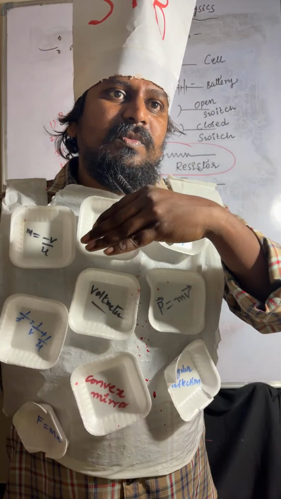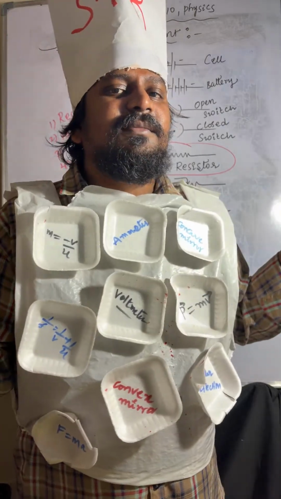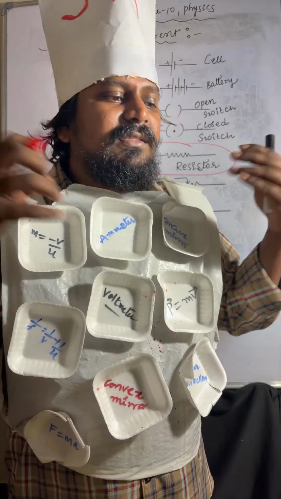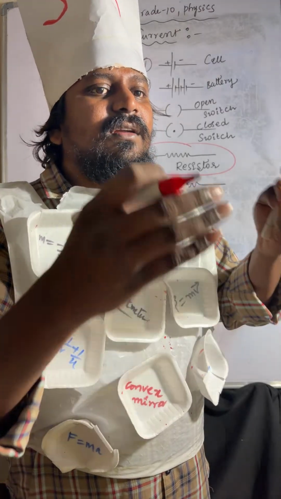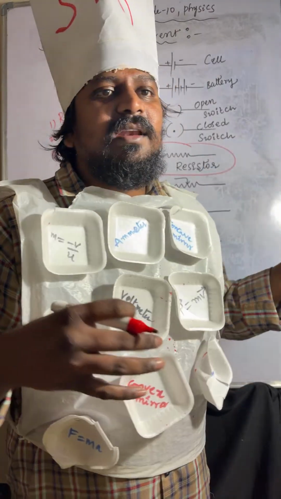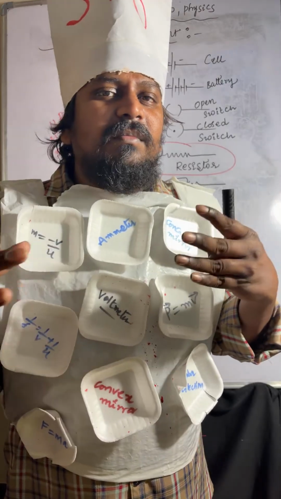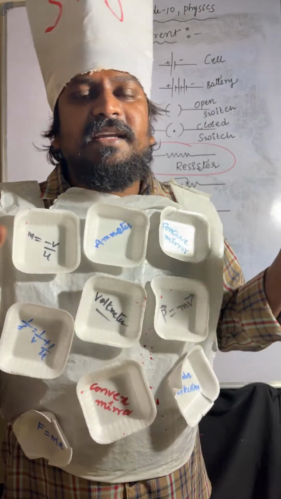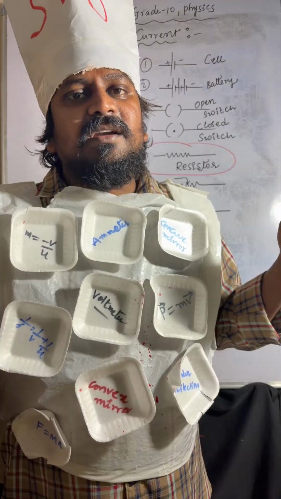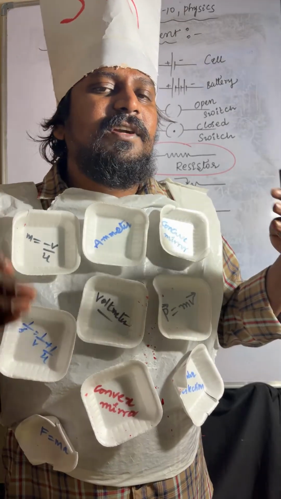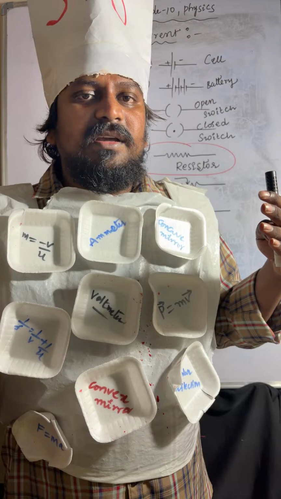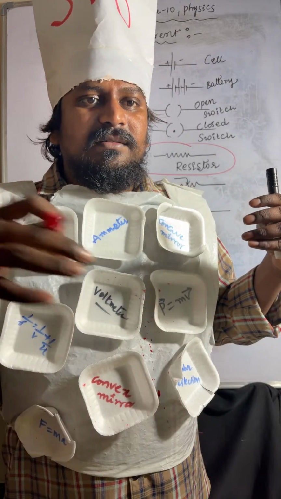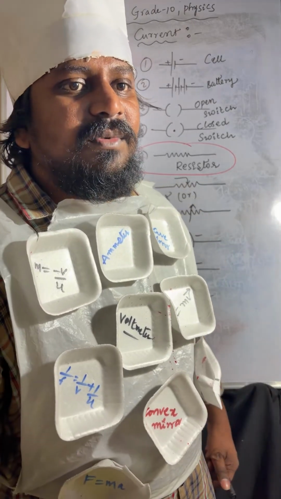So electrons move in a closed path. Then what happens? One electron will hit another electron, that electron will hit another electron, like that. So collisions keep taking place. Then automatically the average speed decreases. That is the drift speed we can say.